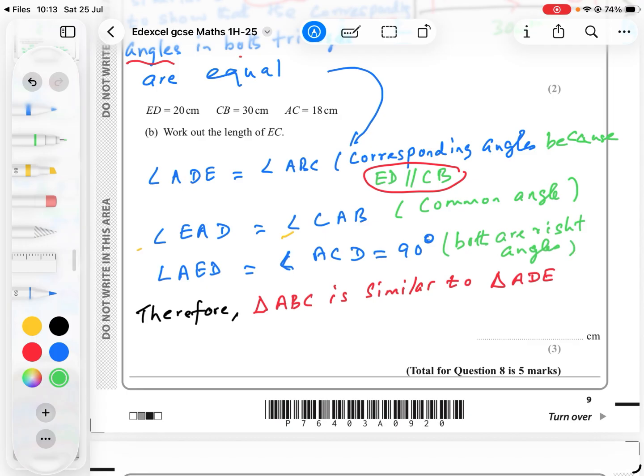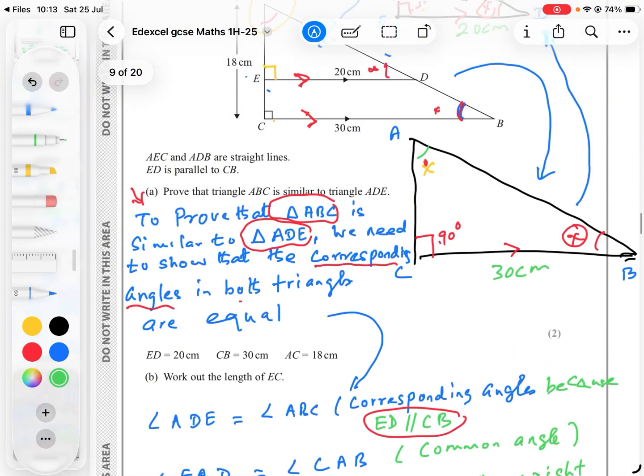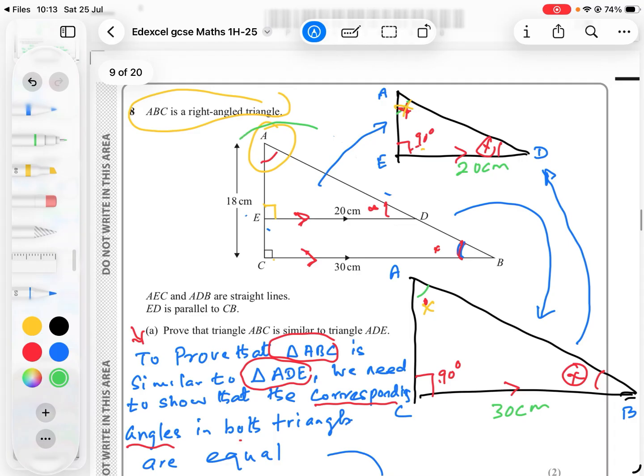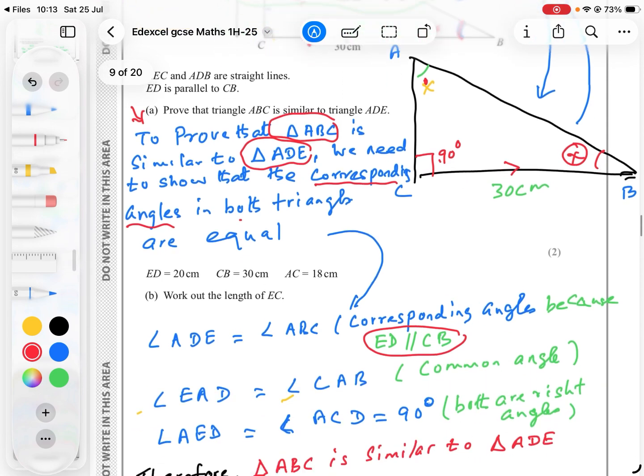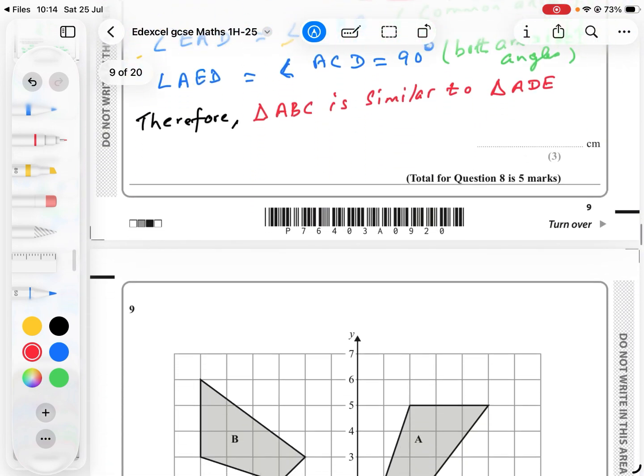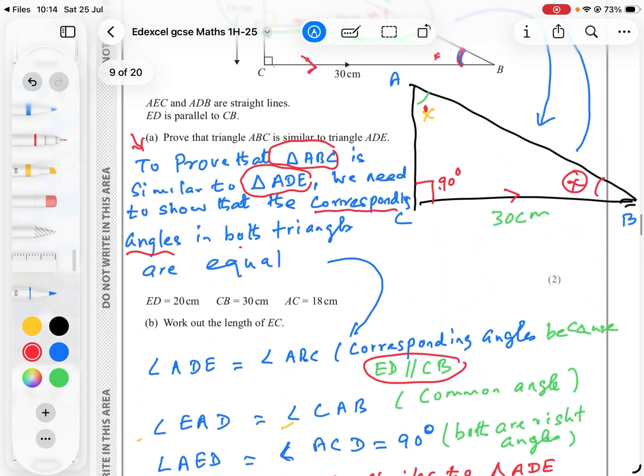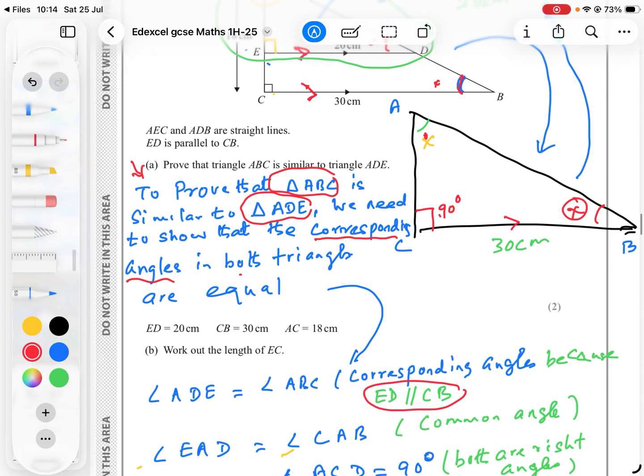So both are right angles. Therefore, triangle ABC is similar to triangle ADE, big triangle. Right. So we've done part A.